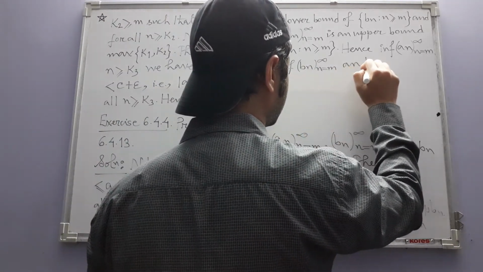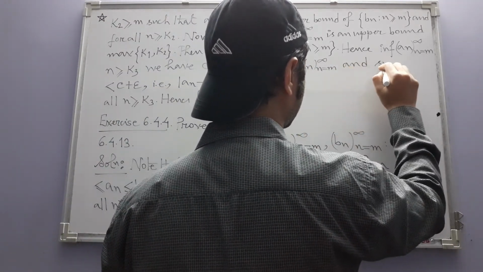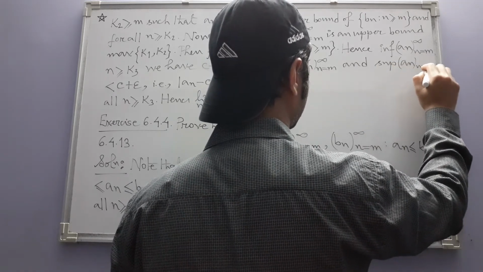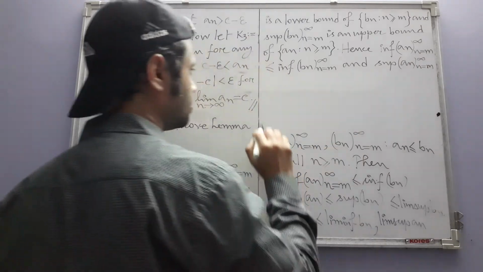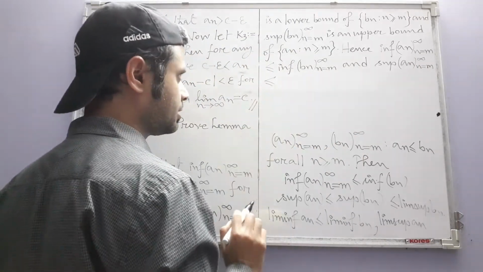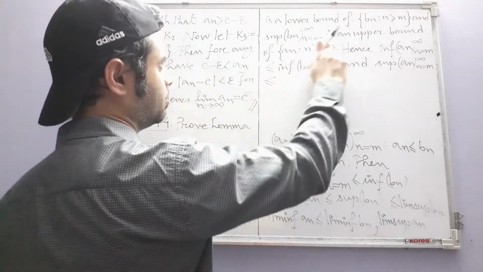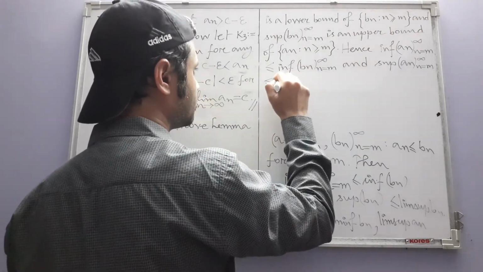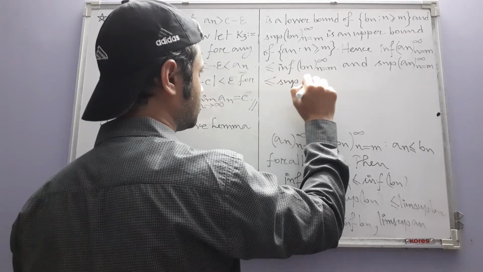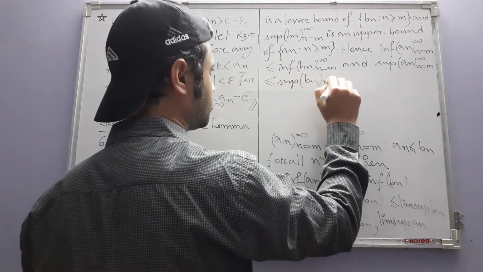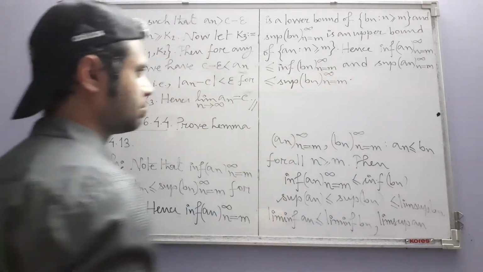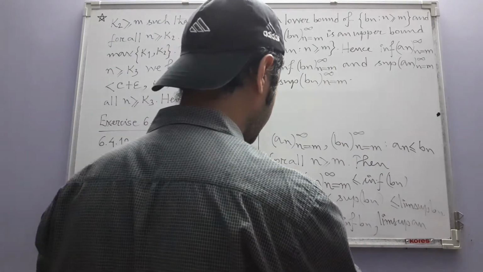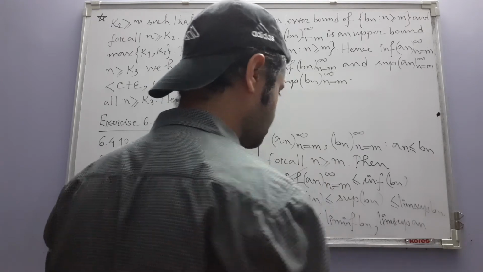And just like that, the least upper bound of all the An's is less than or equal to this, some upper bound. This is an upper bound of this. Okay, so that means we have got this inequality and this one.